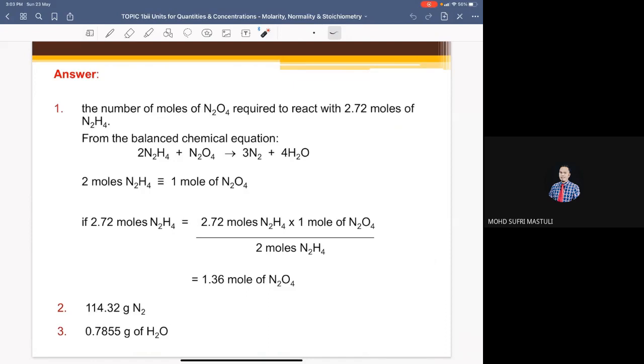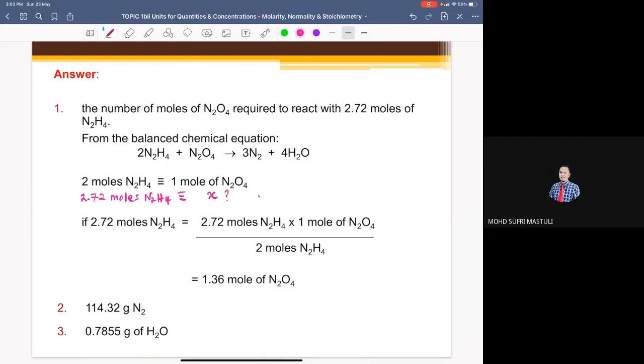2 moles of N2H4 react with 1 mole of N2O4. Therefore, 2.72 moles of N2H4 can react with how many moles?